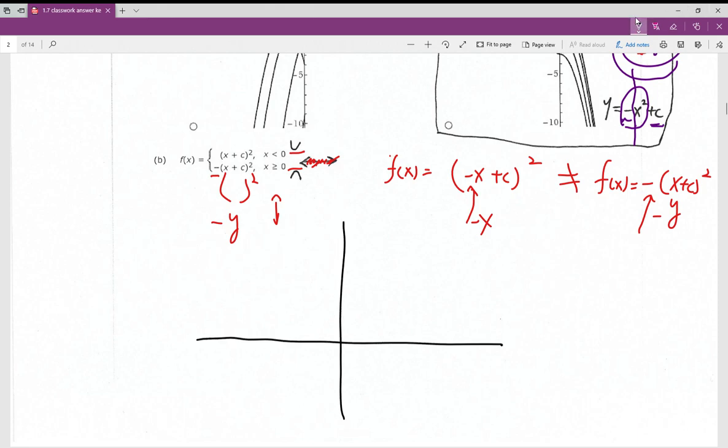Okay. So the original graph, let's graph lightly x plus c. So here when you have plus c, oh, okay. In the previous question we plus c for the y value. So you have push up down.